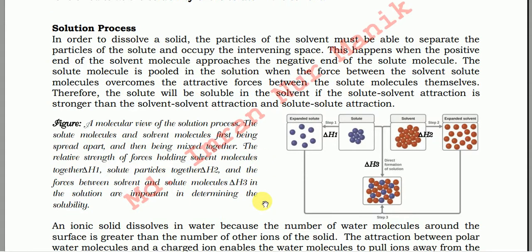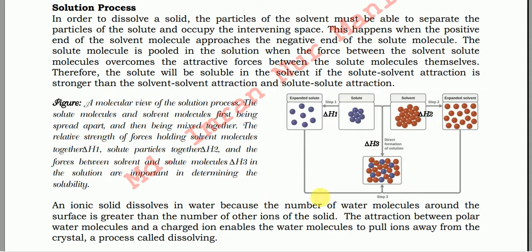Solution process. How does the solution proceed? From the picture you can see that this is the solvent, this is the solute. Whenever the solute is in the solid state, it will have its crystal structure. In the picture you can see that it has a definite hexagonal structure, and this is the solvent molecule.